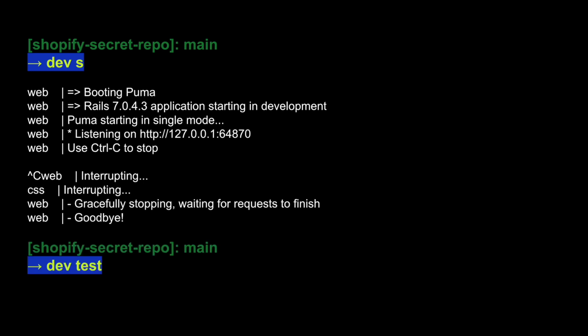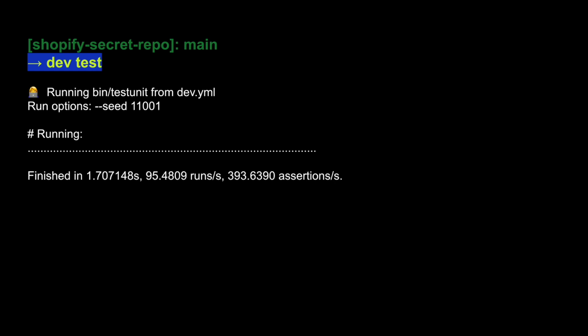It's as easy as dev test. And here we go, everything is done. Not even knowing the application, we were able to run the server and run tests. This consistency and ease of use of commands between projects helps developers to work faster and not spend time trying to figure out commands for different programming languages for different projects.